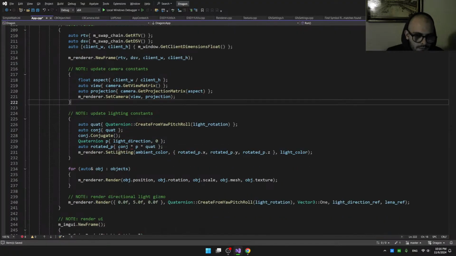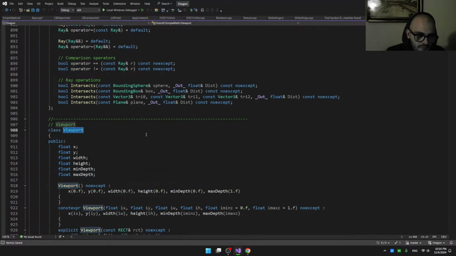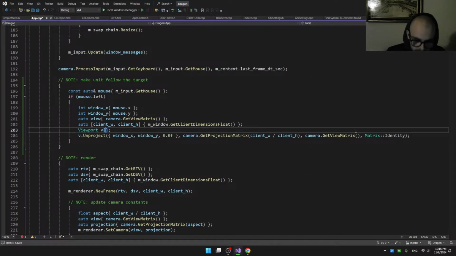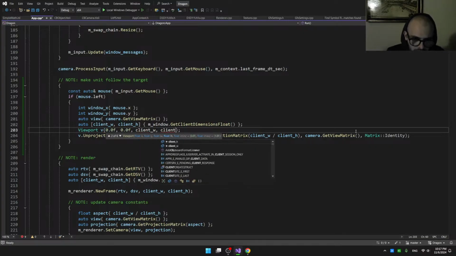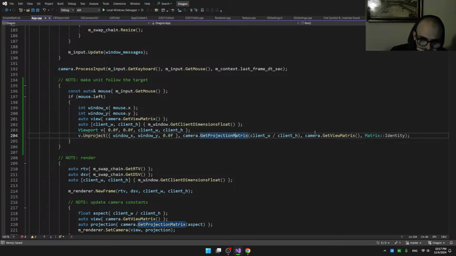Yeah, it's stupid, but okay, so it's 0.0f, 0.0f, client width, client height. Okay, now we unproject.